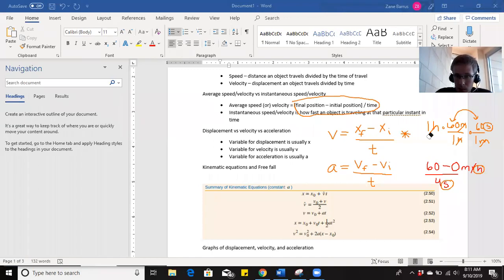So really my miles per hour should be 60 minus 0 miles for every 3,600 seconds. And then my seconds are now agreeing with each other, and so they will cancel when I do this problem.